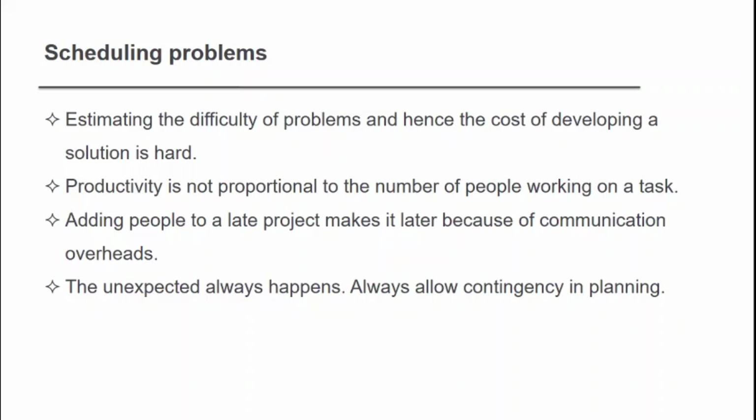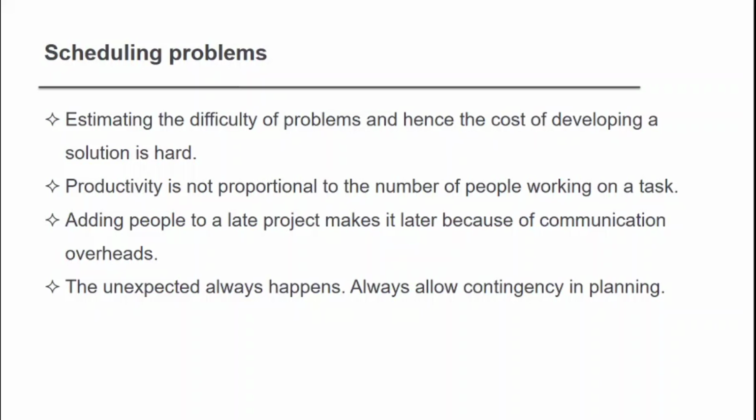Productivity is not proportional to the number of people working on a task. It is not the case that having many people on a particular task gives high productivity. You should have a skilled person to solve the problem. Adding people to a late project makes it later because of communication overheads.